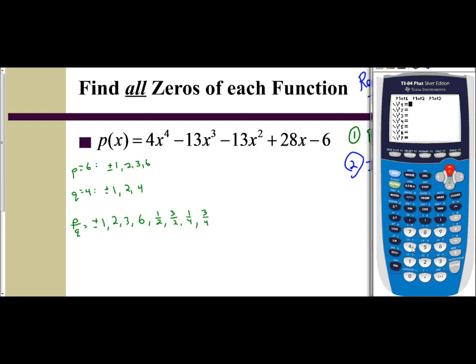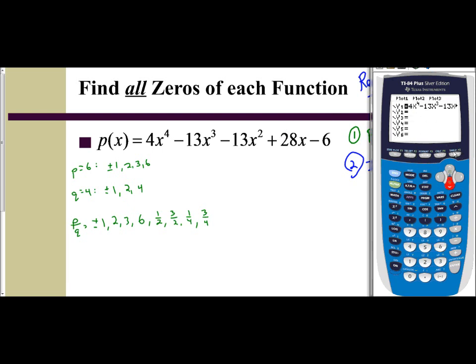So we have 4x to the fourth minus 13x to the third minus 13x squared plus 28x minus 6. And so I input my polynomial into the y equals.